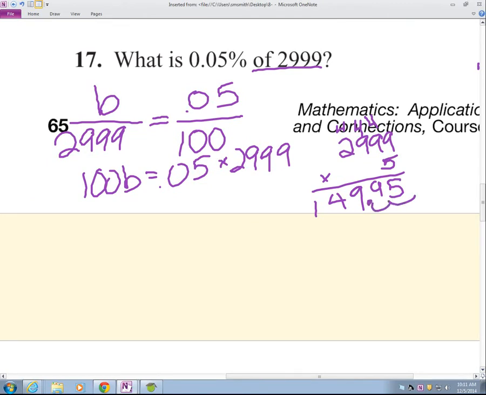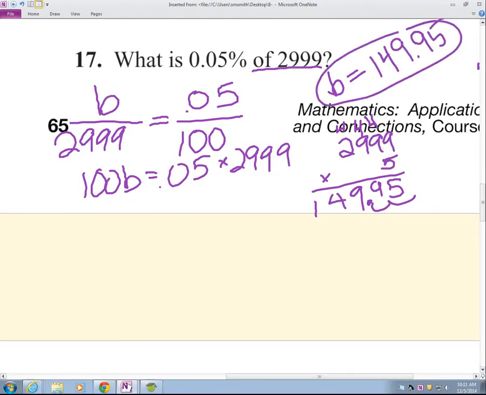1, 2 here. So we have B equals 149.95. And I circle that. Yes, sir? So basically we do times and multiplying, right?